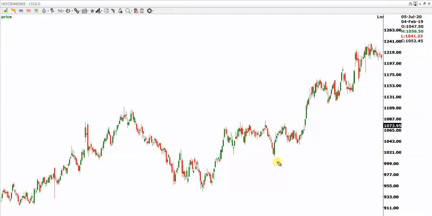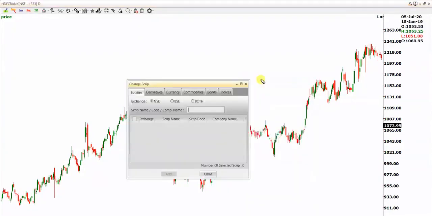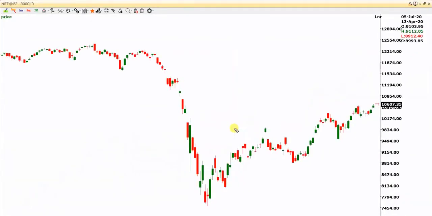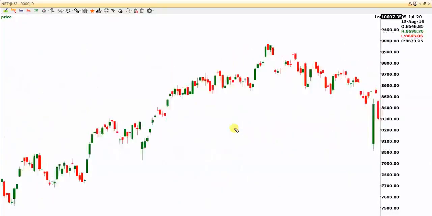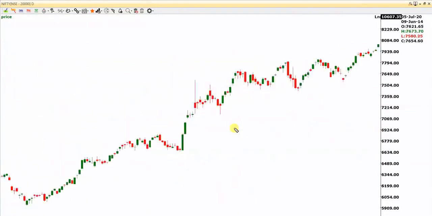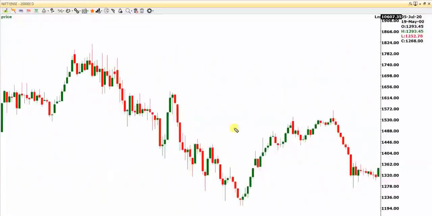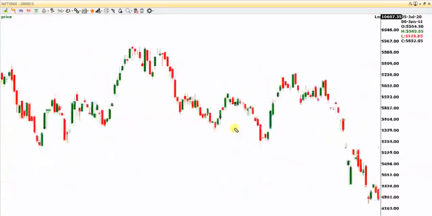For the futures chart, I think you might not be getting the chart for Bank Nifty and Nifty. Maybe for spot you will get it, right? So I have to change Nifty here. Yeah, Nifty till 2000 also I have chart here, and this is straight.